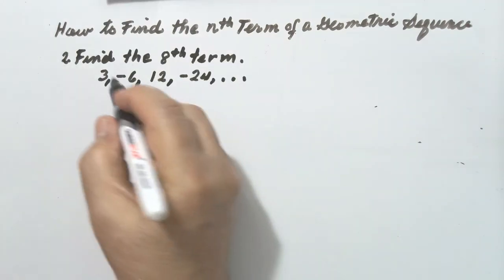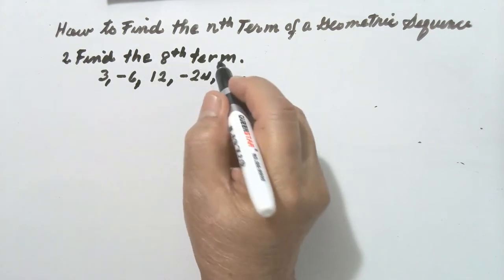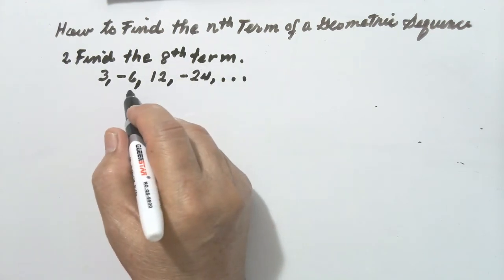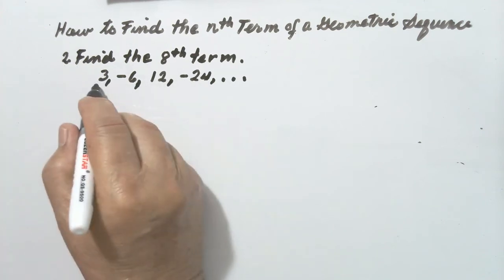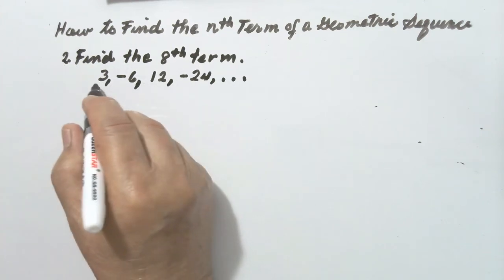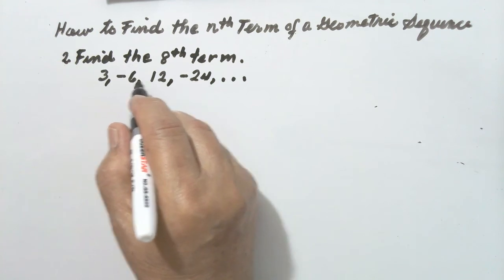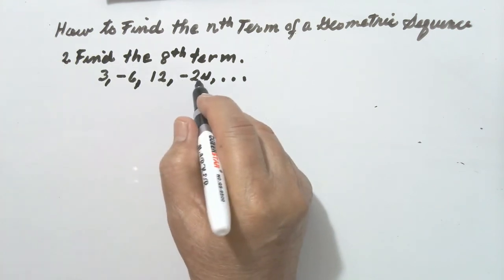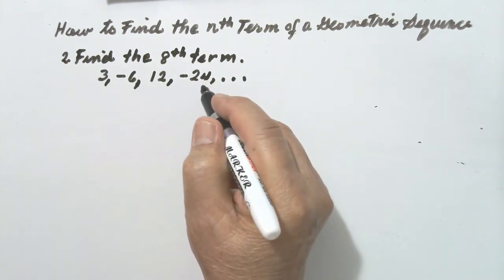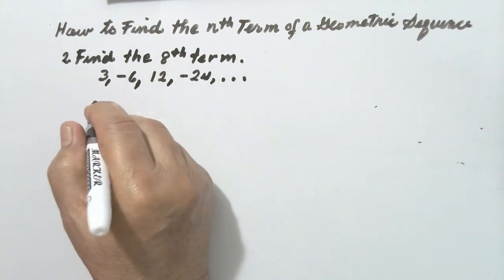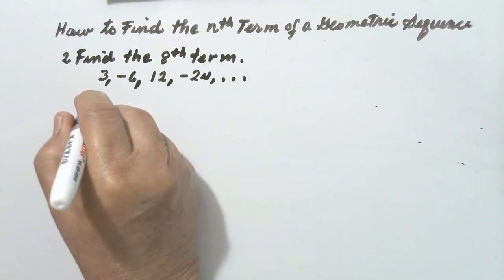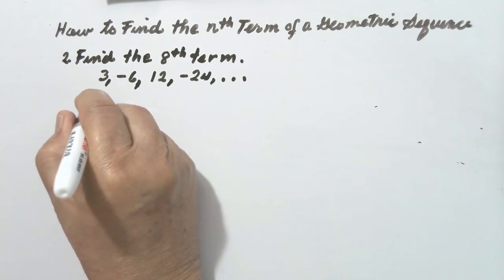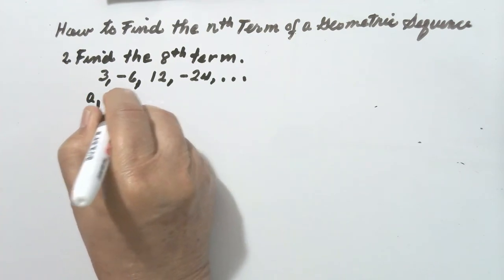Number 2. Find the eighth term. Notice that in this geometric sequence, the signs of the terms alternate: positive, negative, positive, negative. The first thing to do is to determine the first term. The first term is 3, so a sub 1 is 3.